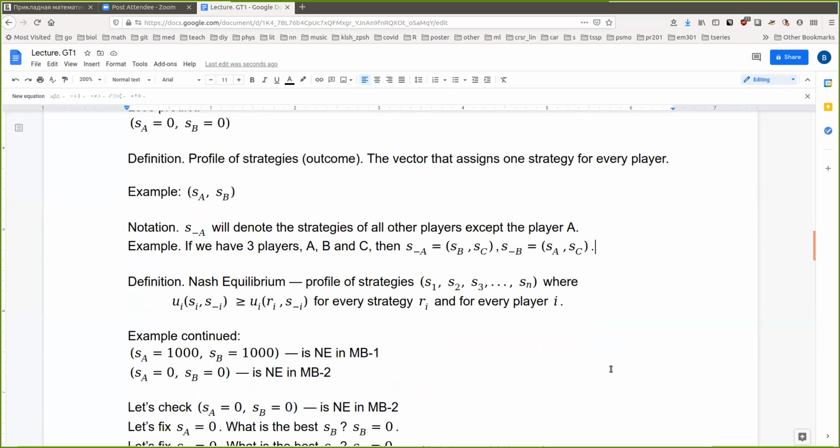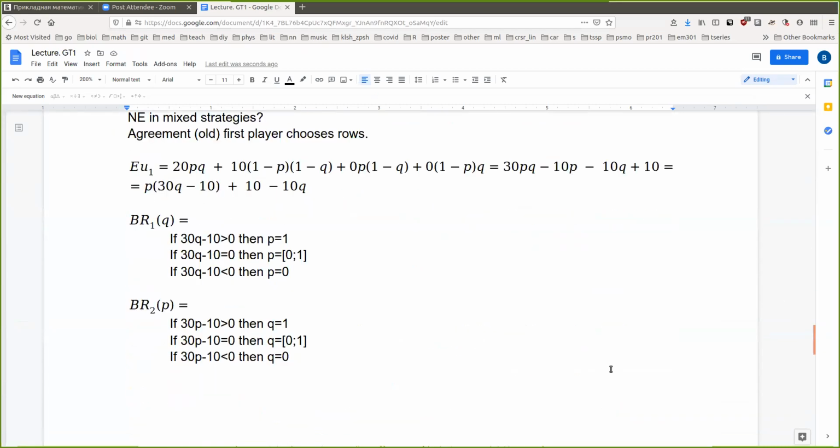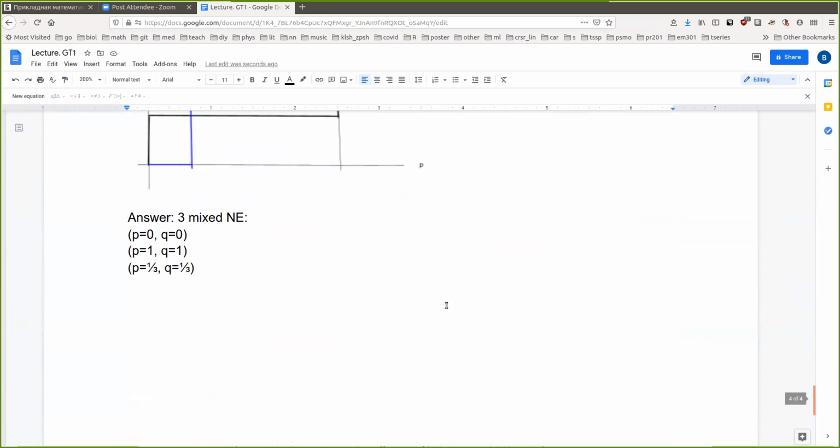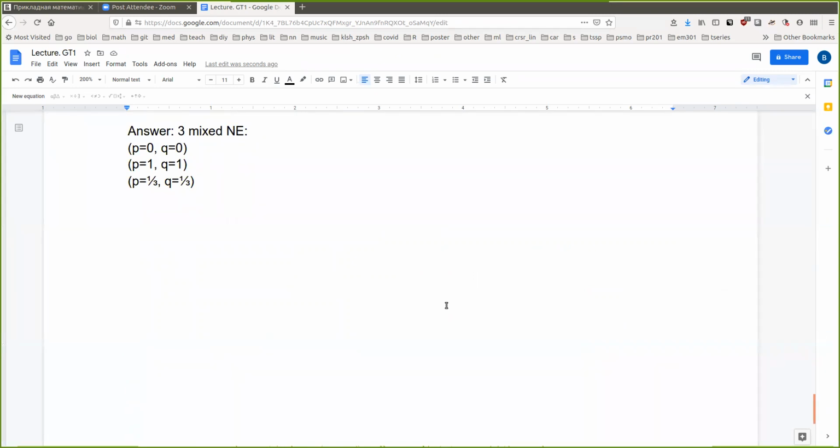There are a lot of books on game theory, obviously. My personal choice is a book by Osborne and Rubinstein, Introduction to Game Theory.